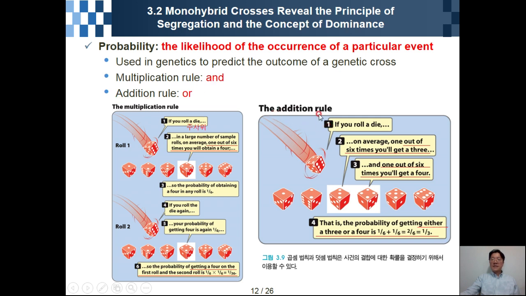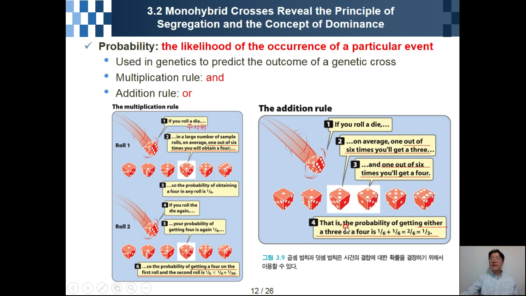So what is the addition rule? The addition rule asks: what is the probability of getting either a 3 or a 4? The chance of getting a 3 is 1 out of 6, and the chance of getting a 4 is also 1 out of 6.